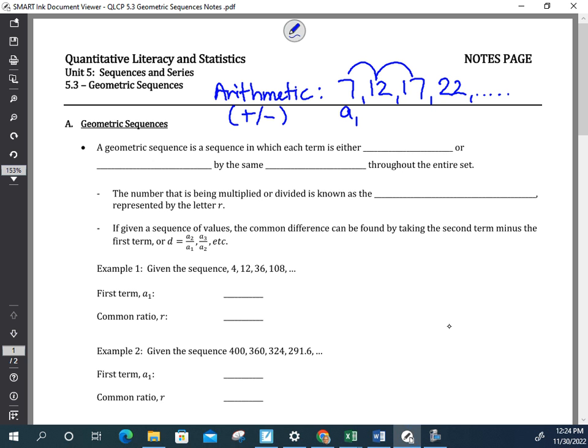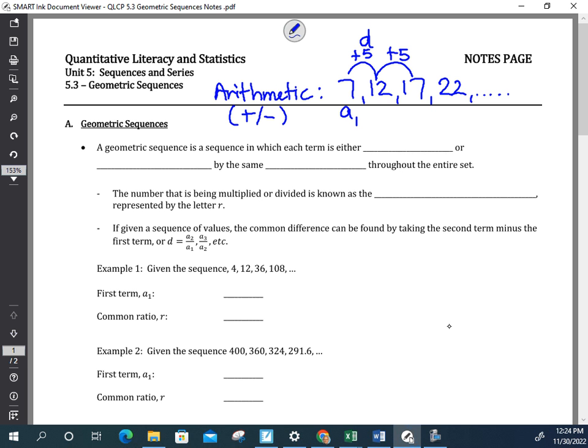The numbers that they're either increasing or decreasing by, that is your common difference. In section 5.2, we examined how to write the equations for them and solve word problems. Today, we're going to look at the other side of that coin, which are geometric sequences.